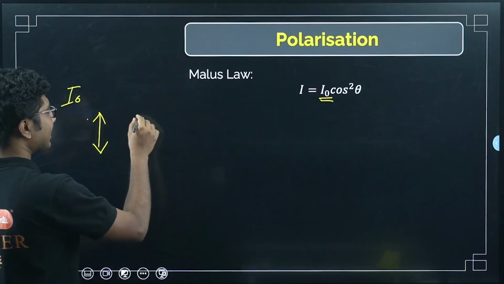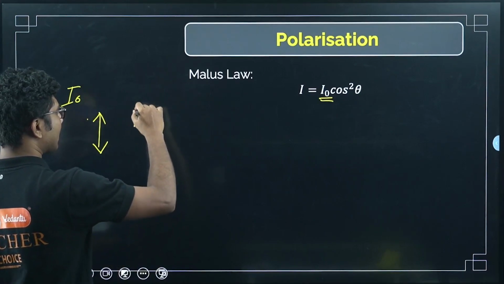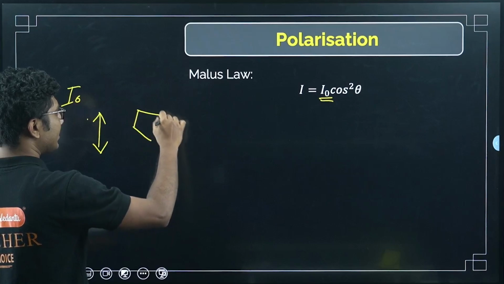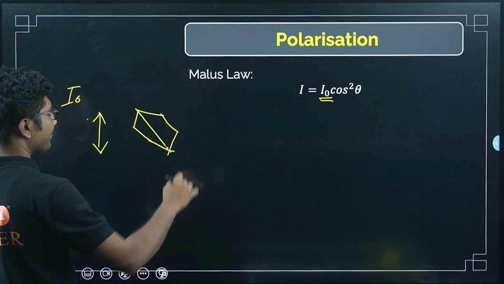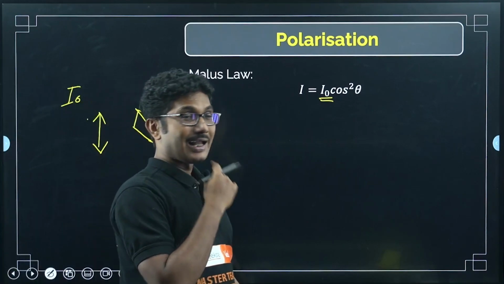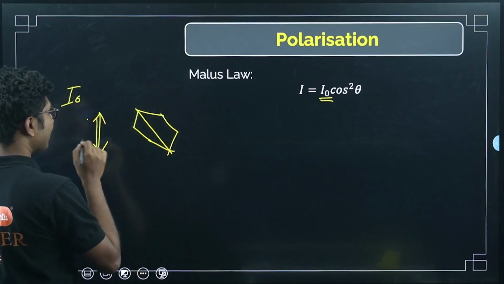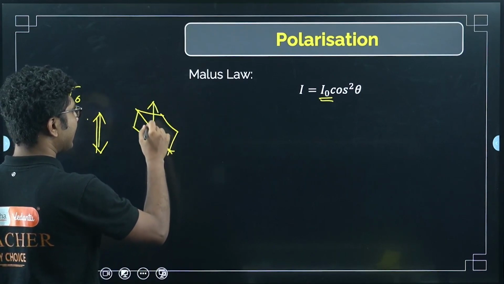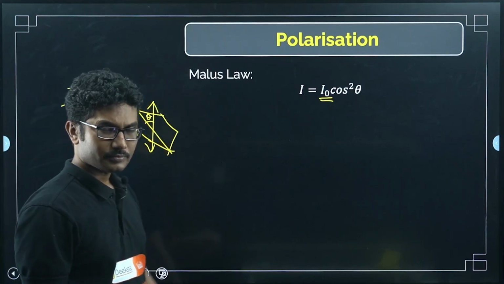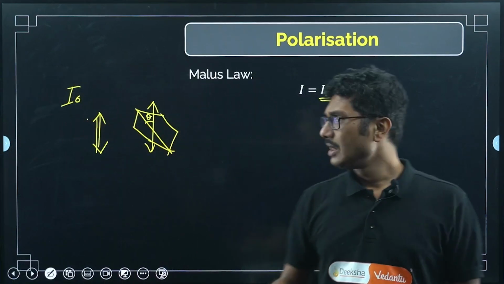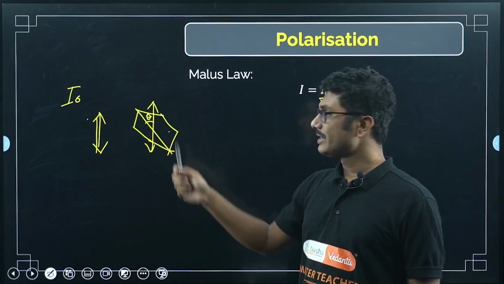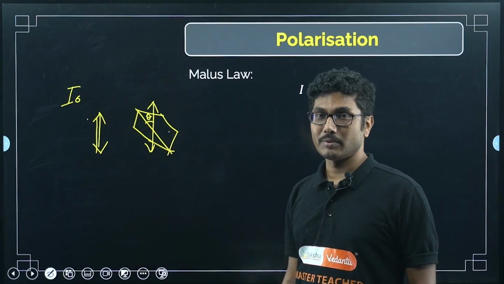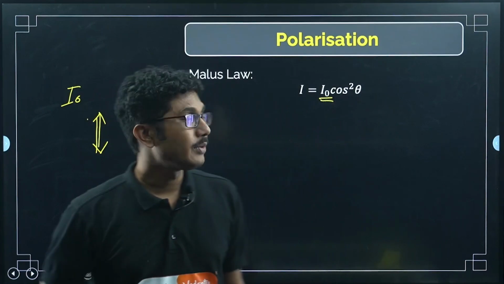Now you have another polarizer whose pass axis is not exactly parallel to this. Then what will happen? If they are not exactly parallel, there will be an angle theta between the pass axis of the second crystal and the direction of the original wave, right?